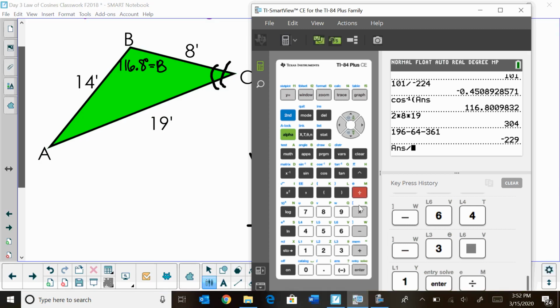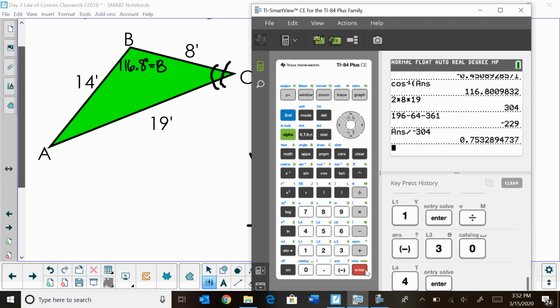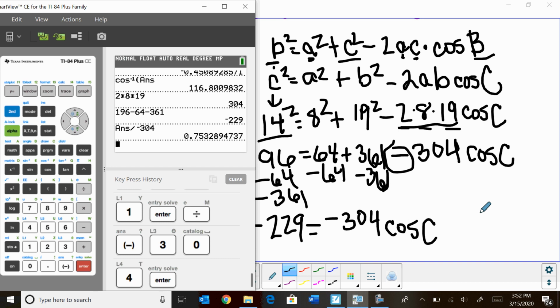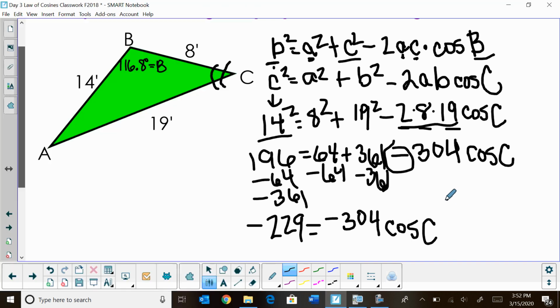So let's divide by negative 304. And that gives us 0.7532, actually 0.7533 if we round it up, is equal to cosine of C. We divided two negatives, so that's a positive.